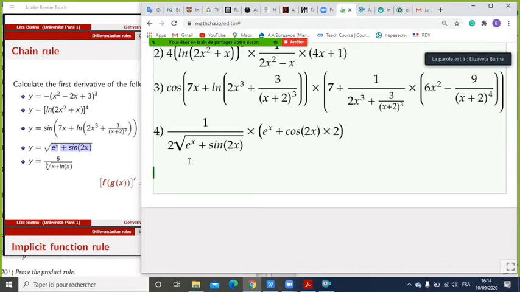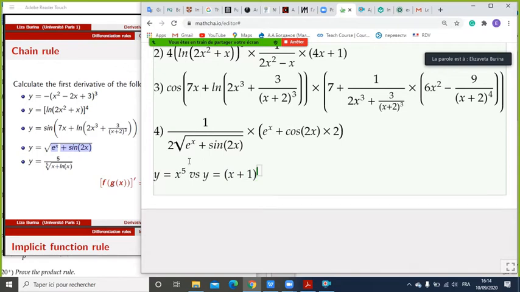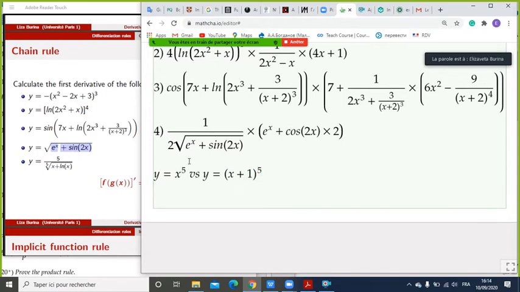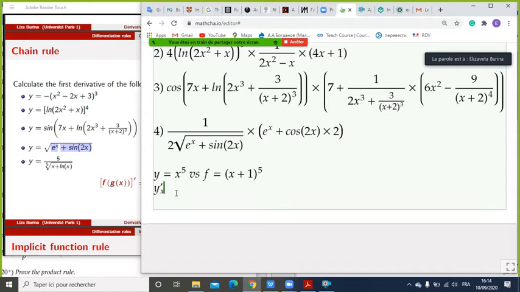before going to 5, let's compare the derivative of x to the power of 5 and the derivative of x plus 1 to the power of 5. Okay, so the first one, we should name it f. So the derivative of y with respect to x will be 5x to the power of 4.